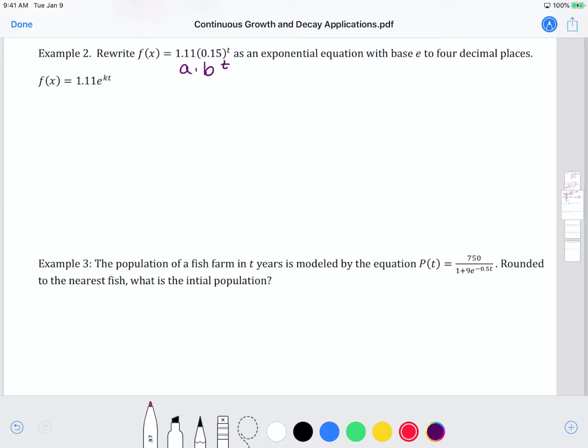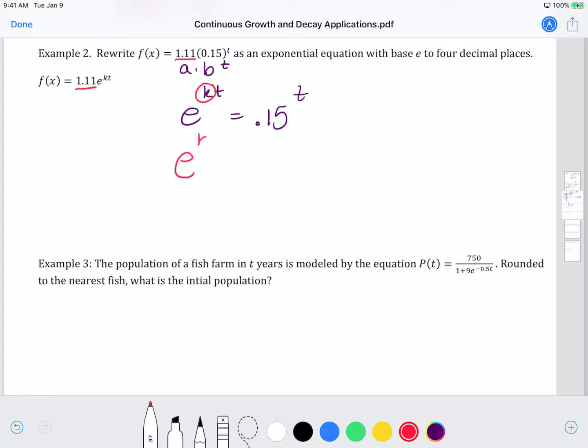Since these are the same, my initial values, what I'm trying to do is find a way to make e to the kt the same as 0.15 to the t. So I need to figure out what that value of k is that would do that. E is a constant, just like 2 or 5, I can't change that. But I can rewrite k so that e to the k is equal to 0.15.